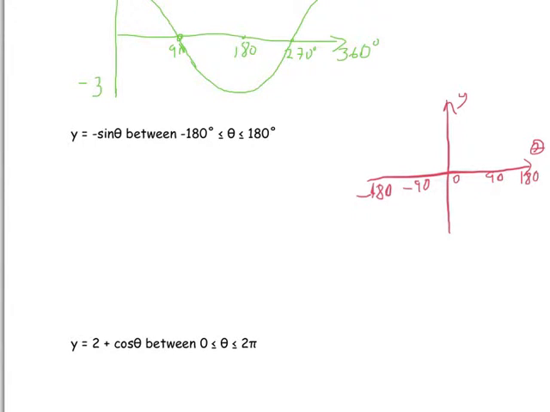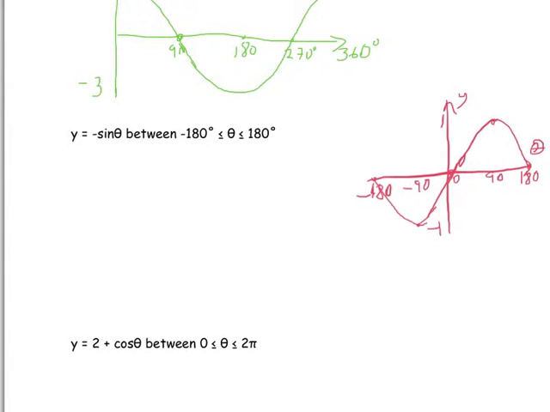Your normal sine curve goes between 1 and -1. We know that sine of 0 is 0, sine of 90 is 1, sine of 180 is 0 again, and sine of -90 is -1, and sine of -180 is 0. So this is the curve of y equals sine theta.